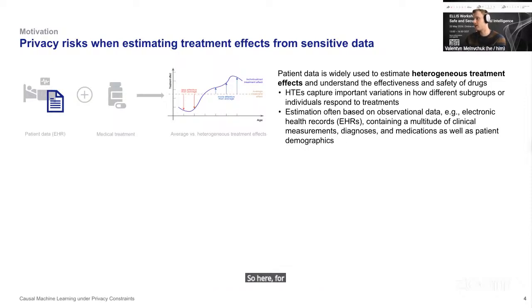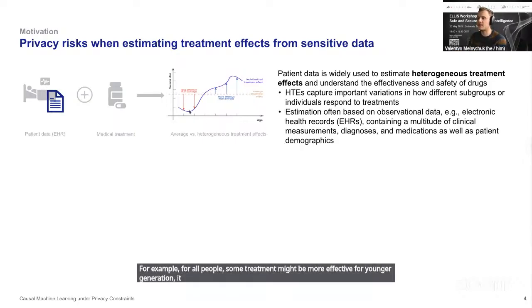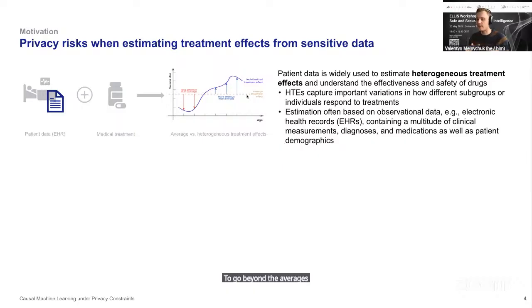We know that heterogeneous treatment effects really allow us to say, for example, that for old people some treatment might be more effective, while for the younger generation it might even be detrimental. So it allows us to go beyond the averages and say, specifically for me, whether a certain medication would be effective.